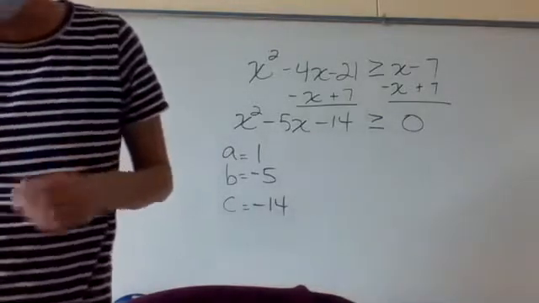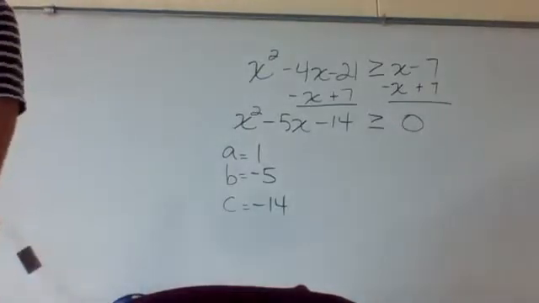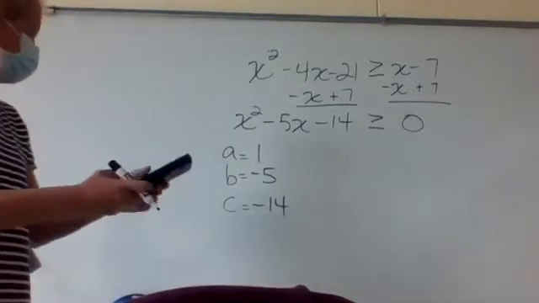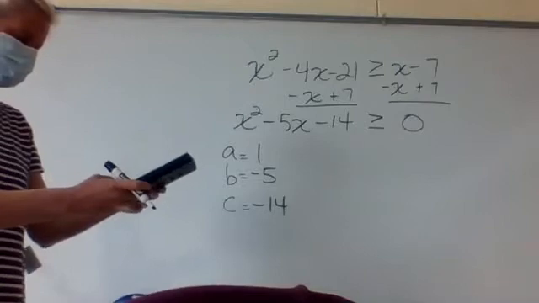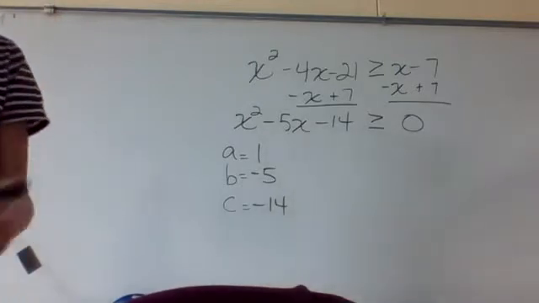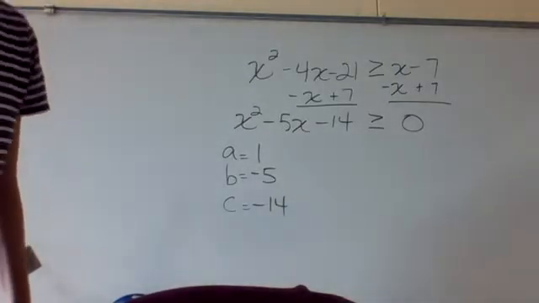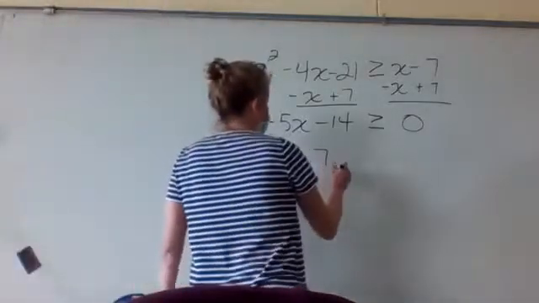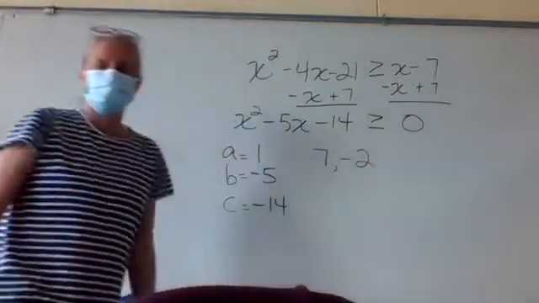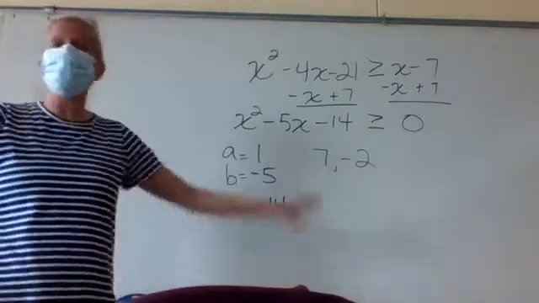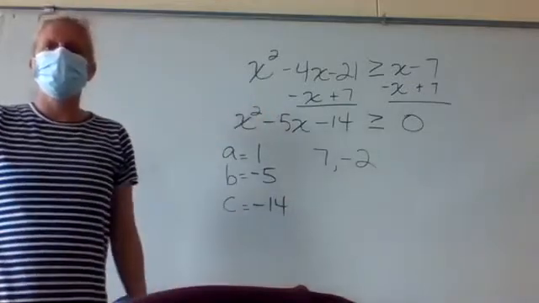So when I put that in my quad program, I've got 1, negative 5, negative 14. It gives me 7 and negative 2. So those are the x-intercepts of this function.